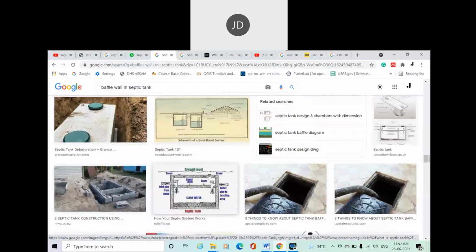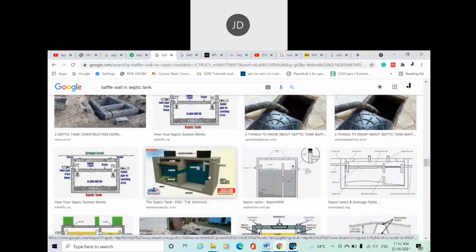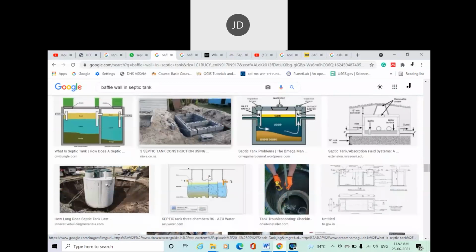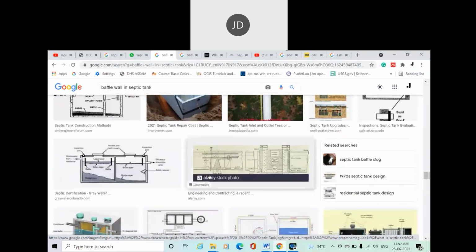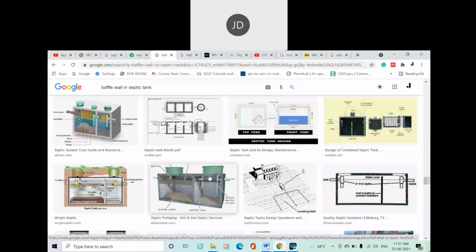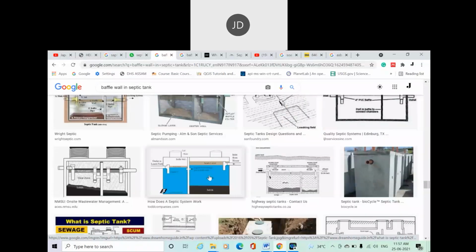I couldn't find any proper diagram for the vent pipe, only a line diagram. I need an actual diagram so that I can show you. You can also search by yourself and go around your household area, you can find it.